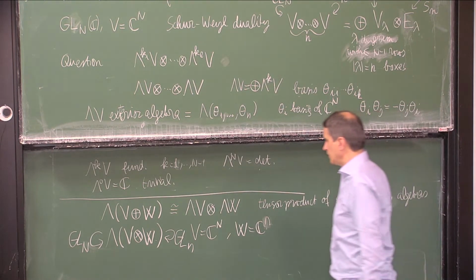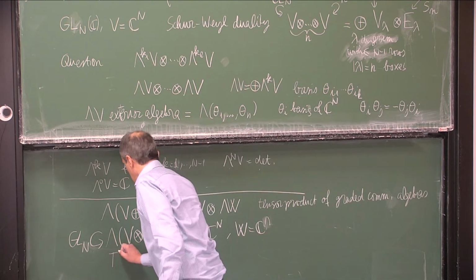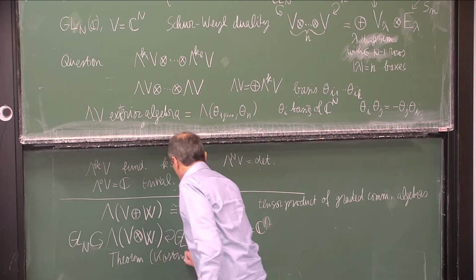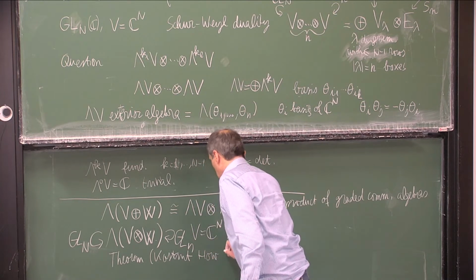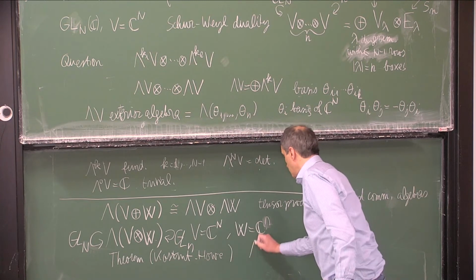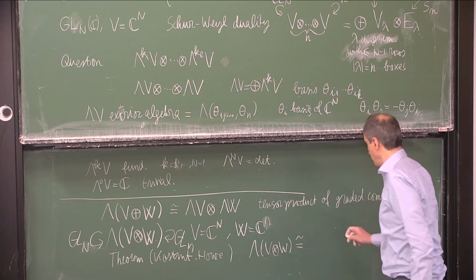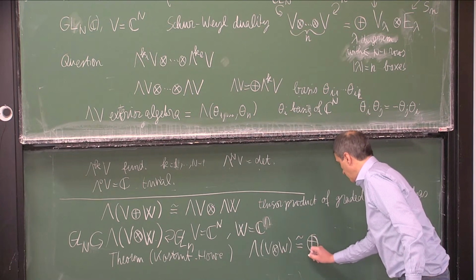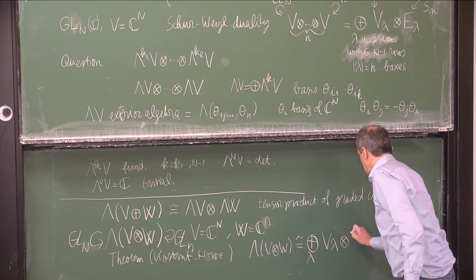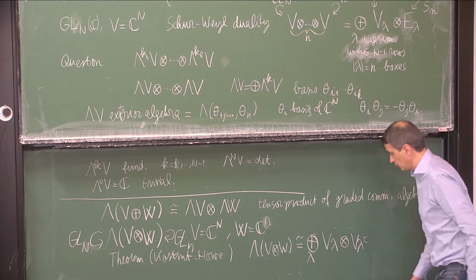So this is the first statement. But maybe the theorem is that this wedge is isomorphic to the direct sum, and I will have over certain lambda, that's the correspondence.